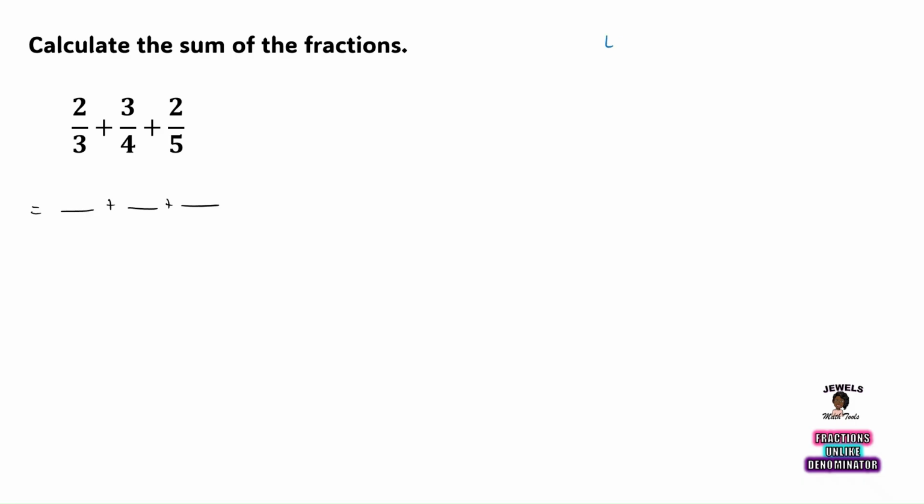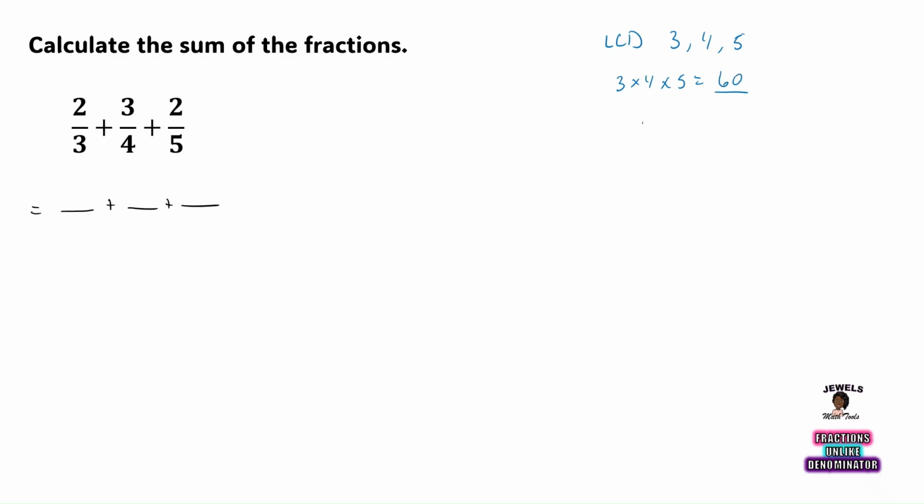The numbers we have in our denominator that we need to find the LCD of are 3, 4, and 5. For these numbers, I'm going to take a rather simple step to find my LCD, which is to multiply these numbers together. When I multiply 3 times 4, it gives me 12, and then 12 times 5 equals 60.